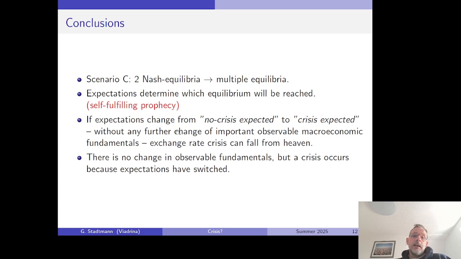It is just the case that the expectations switch from no crisis to crisis, and the crisis occurs and falls from heaven. There might be no change in observable fundamentals, but a crisis occurs because the expectations have switched.